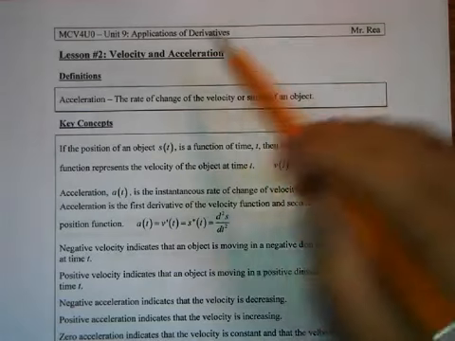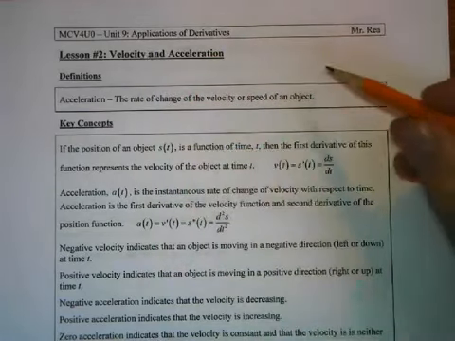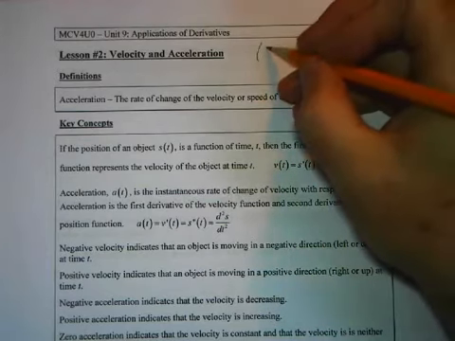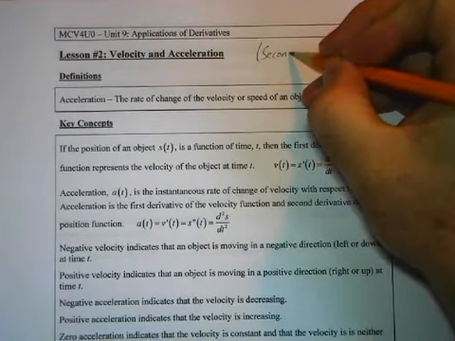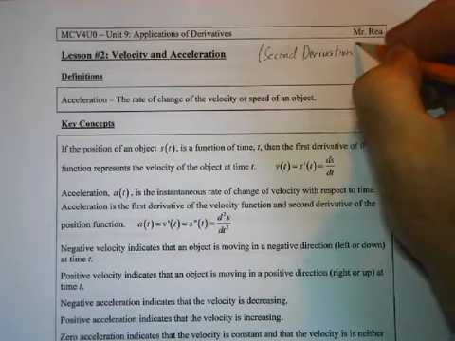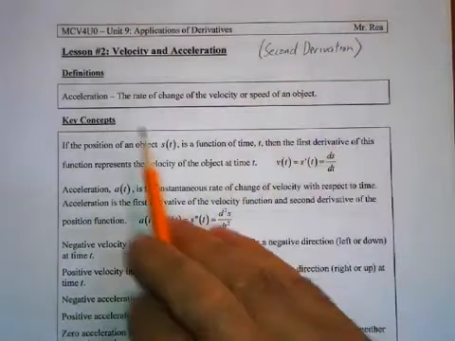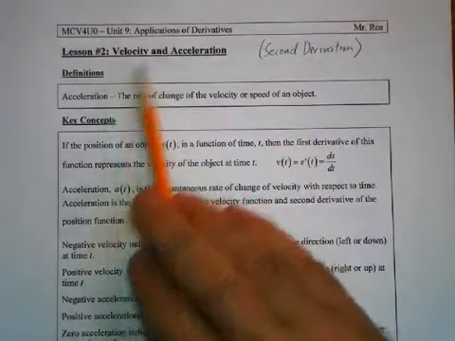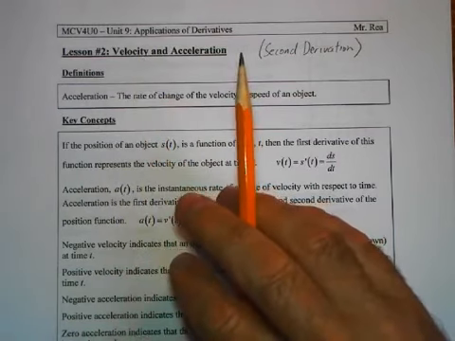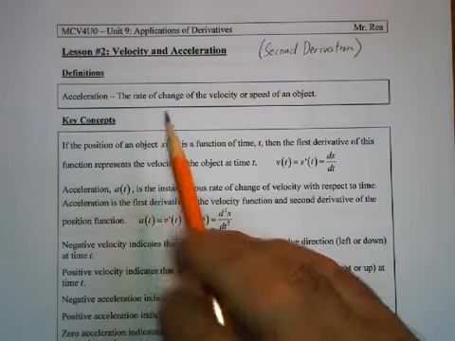Okay, so the lesson's called velocity and acceleration, but I've told you guys this is like the second derivative lesson, and you'll soon see why it's affectionately called that. We can talk about it right here. We know what velocity is. Velocity is the rate of change of the distance or position of an object.